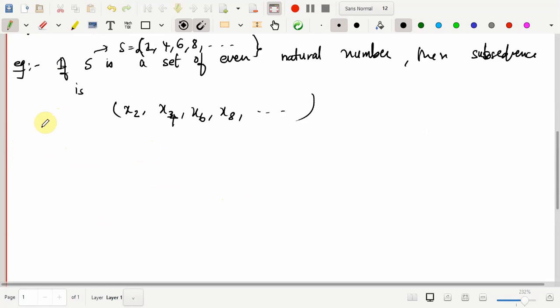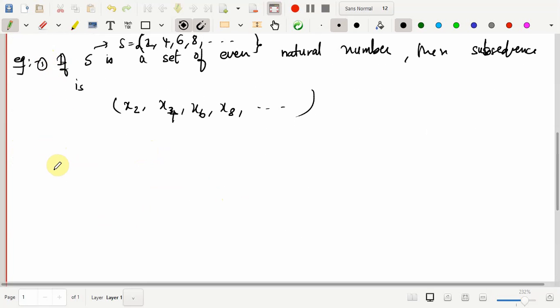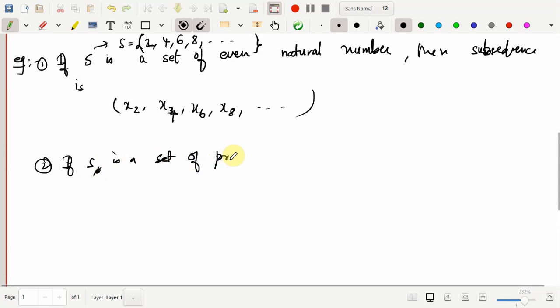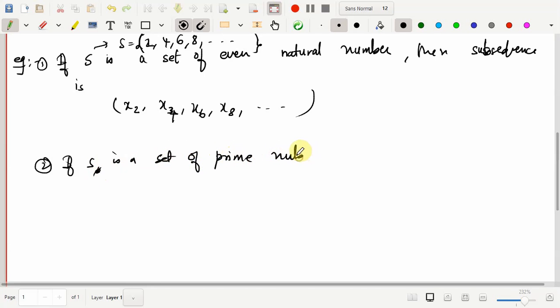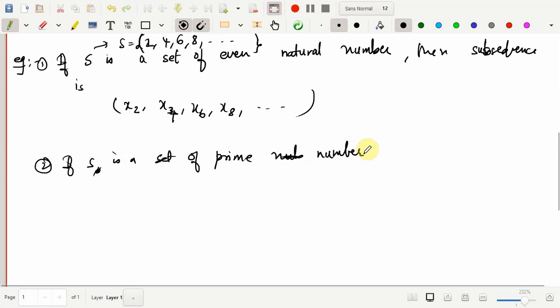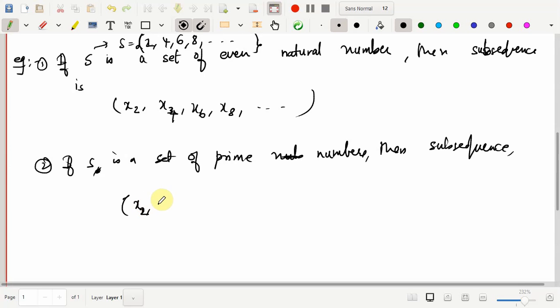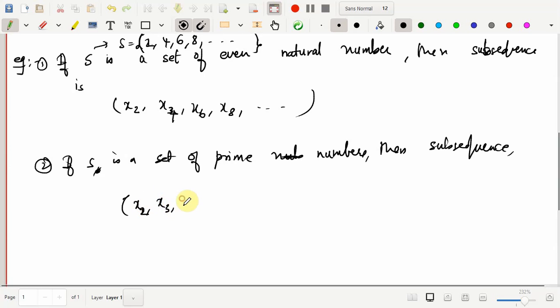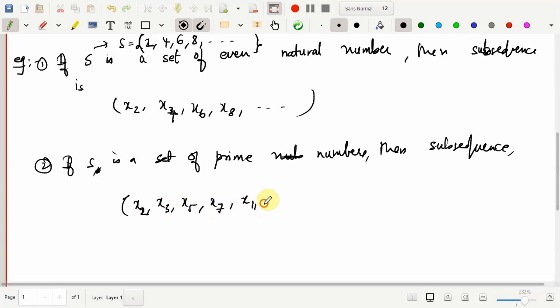Second example: if I restrict, instead of even, if S is a set of prime numbers, then the subsequence that we generate from this S is x2, because 1 is not a prime number, x3, x5, x11, and this goes on.